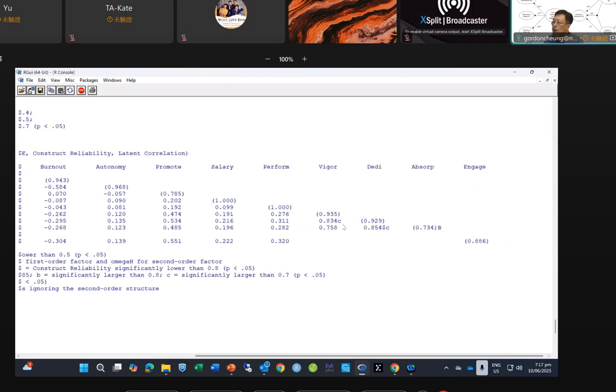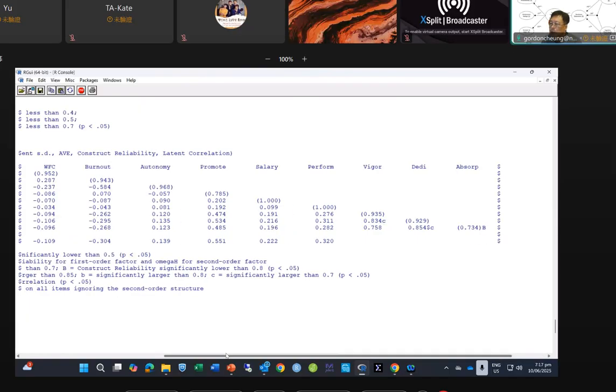Now, we have discriminant validity problems for the 3 dimensions of engagement here. But again, because they are the dimensions of a second order factor, we don't concern about the discriminant validity. If they do not correlate highly, you will not get a second order factor. Do you get it?